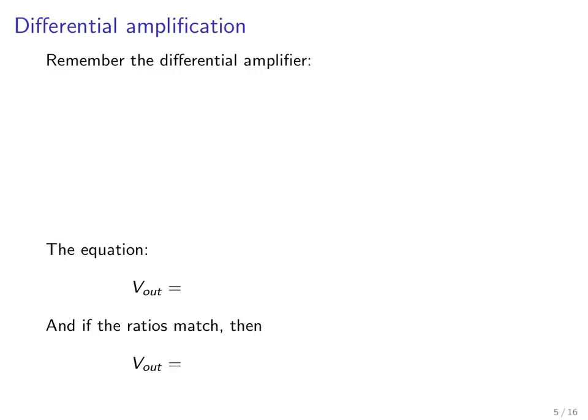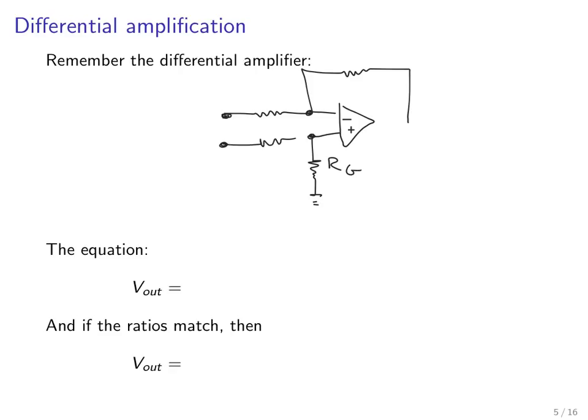So let's recall the differential amplifier topology. What we're going to have here is two inputs. Then there are two input resistors, a feedback resistor, a ground resistor, and the second input resistor.